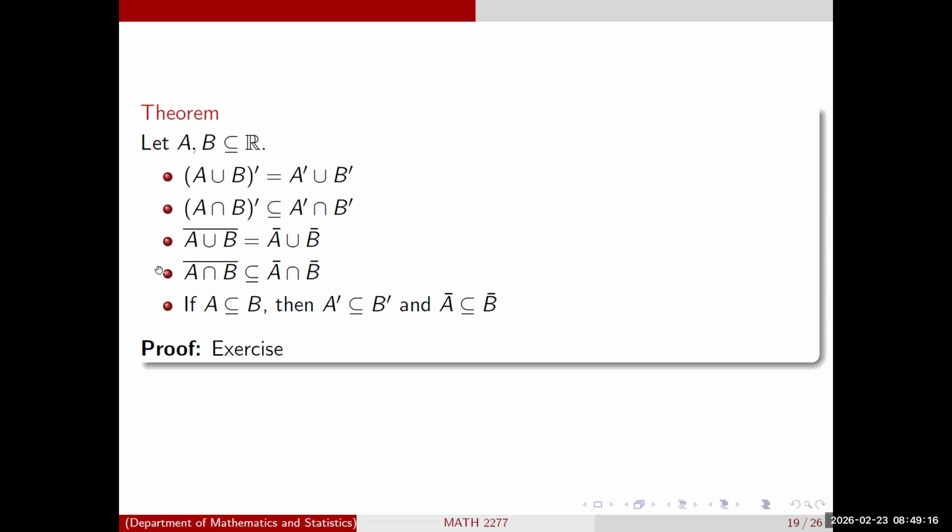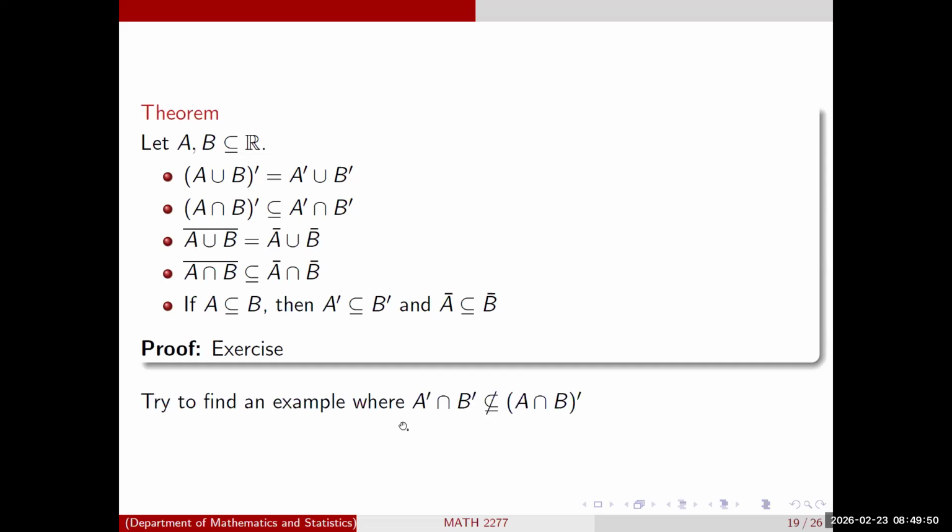These results are not long and complicated. Most of them are 2 to 3 lines long, and they follow straight from the definition of limit point, the definition of closure, and the definition of union and intersection. So other than those things, you don't need to be pulling some result out of the blue. So you should try this stuff.